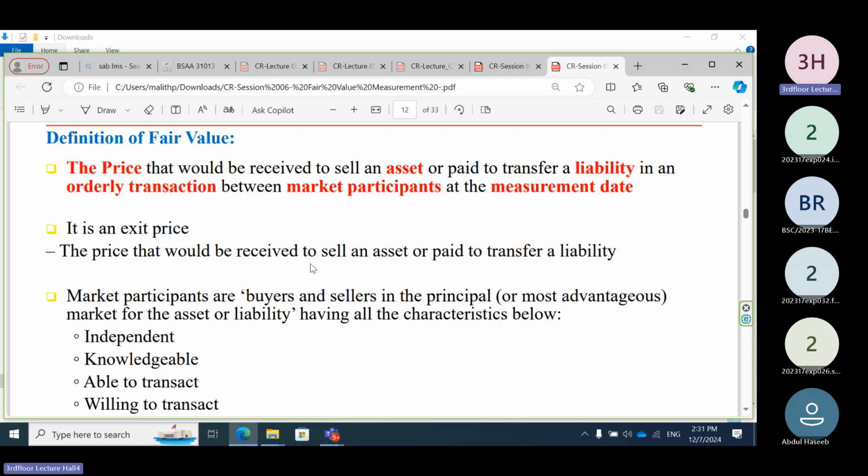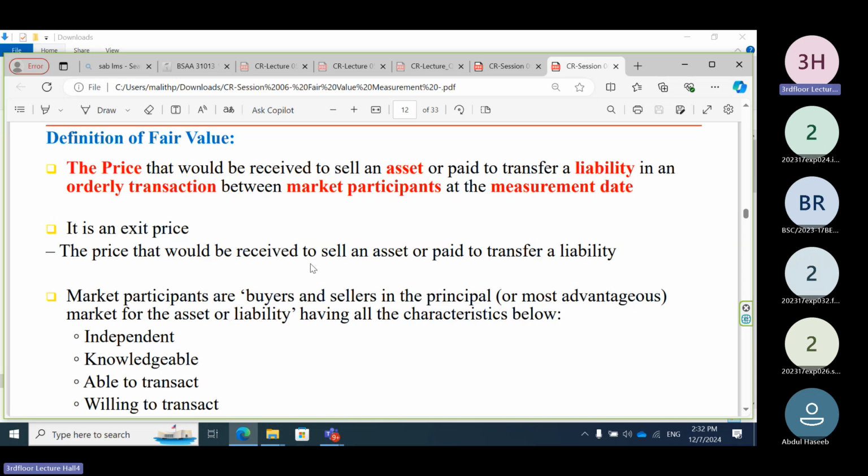What are the examples? Let's say we don't have any market here to buy vehicles, but now they are importing electric vehicles, so we don't have brand new vehicles.